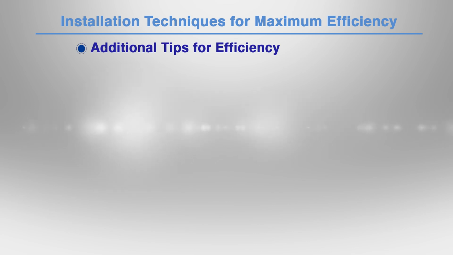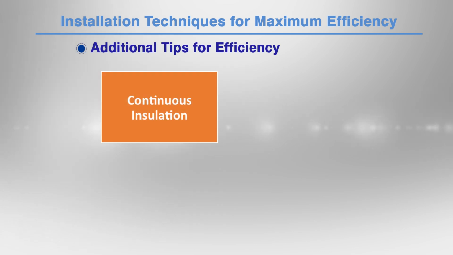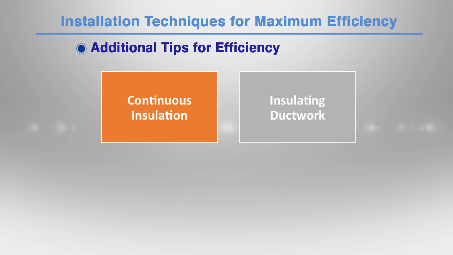Additional tips for efficiency: first one is continuous insulation. For exterior walls, consider using continuous insulation, CI, to cover the entire exterior surface, reduce thermal bridging and improve overall energy efficiency. Second one is insulating ductwork.